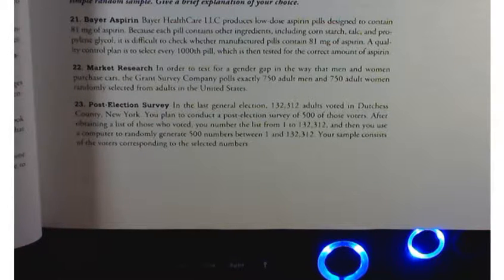In order to test for a gender gap in the way men and women purchase cars, the Grant Survey Company polls exactly 750 men and 750 adult women randomly selected from adults in the United States. Is this a simple random sample?